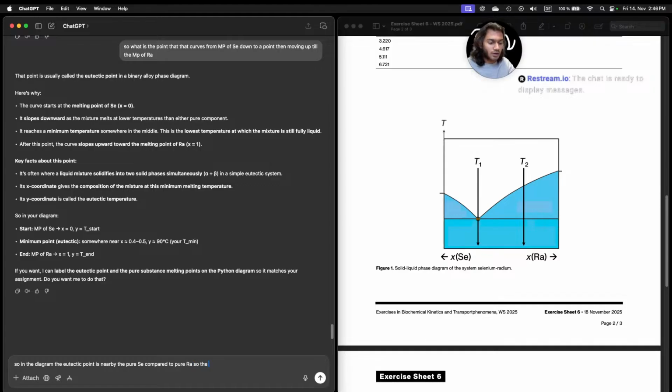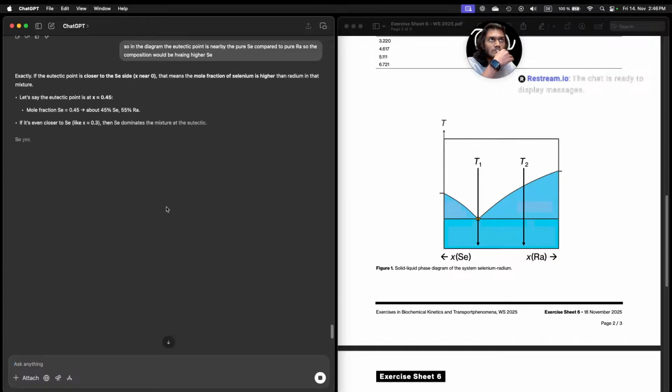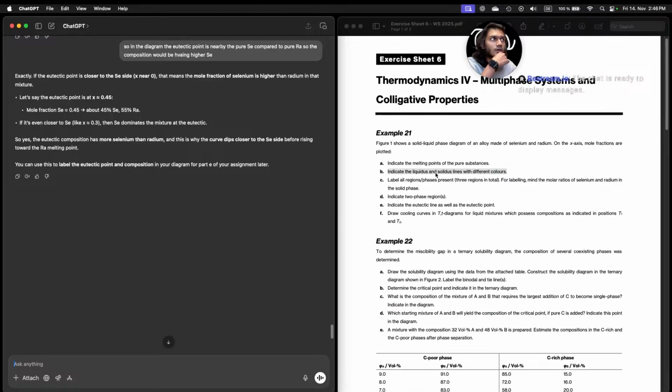So the composition would be having higher selenium, higher selenium. So indicate the liquidus and solidus lines. That's the eutectic point.